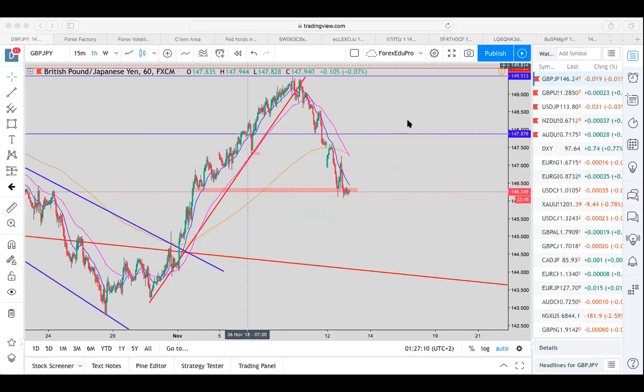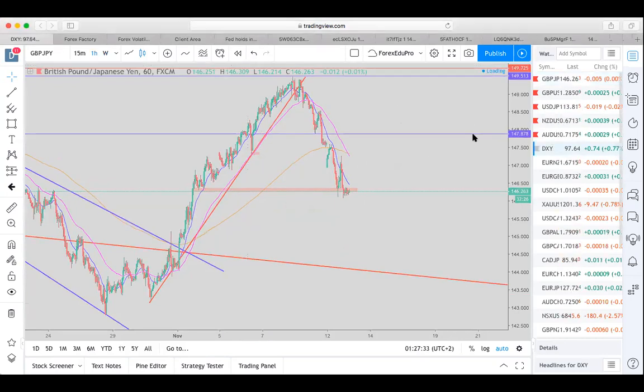Session timing is extremely important. So that's the GJ. As you can see, you can apply structure on any time frame. The lower time frames are more volatile. You need to be in and you need to be out. The higher time frames, you zoom in to your lower time frame to get the entry. So structure plays a role in any time frame.